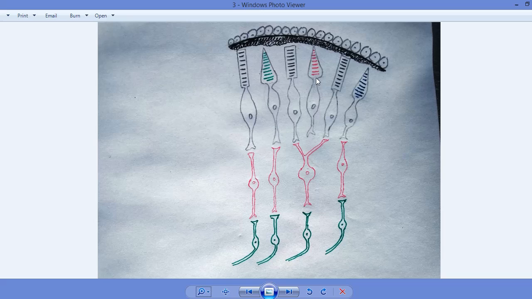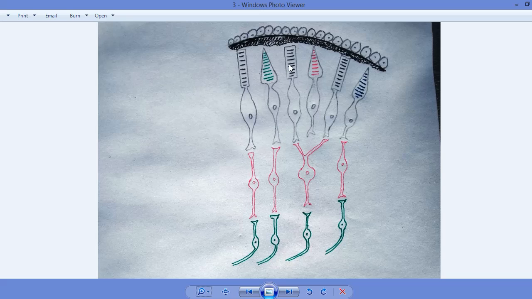And if the individual has red cones absent, that individual has red color blindness and will not be able to see red objects. And in the case of green color blindness, the individual is not able to see green objects. The absence of blue cones is almost negligible.